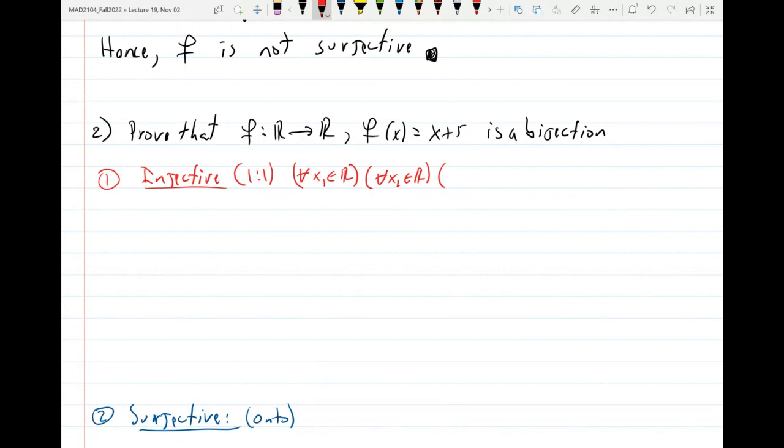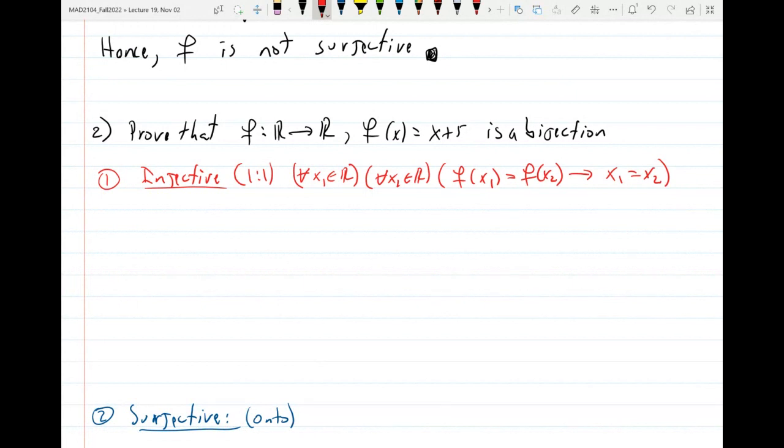However, when you are given the function with a formula like this, it's easier to work with the contrapositive version of this, okay? Which is equivalent to it. So I'm gonna write the contrapositive directly. So f of x1 equals f of x2 implies that x1 is equal to x2, okay?